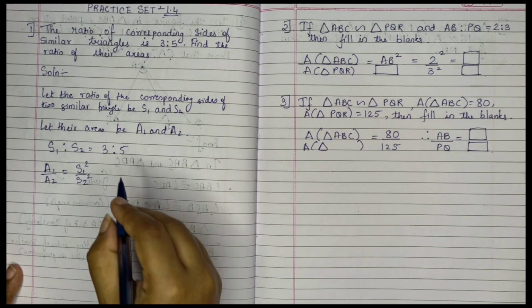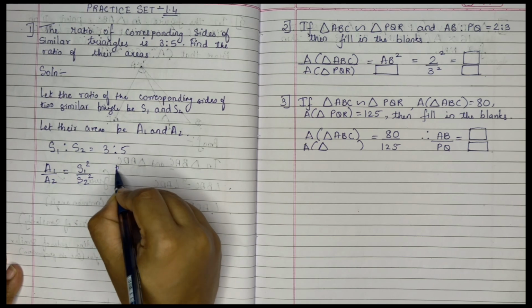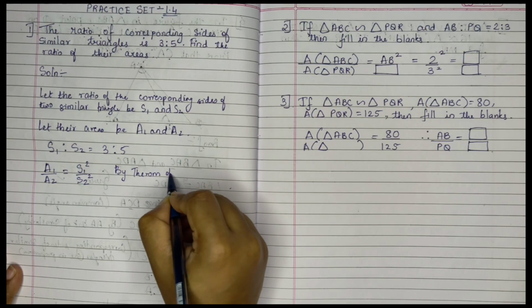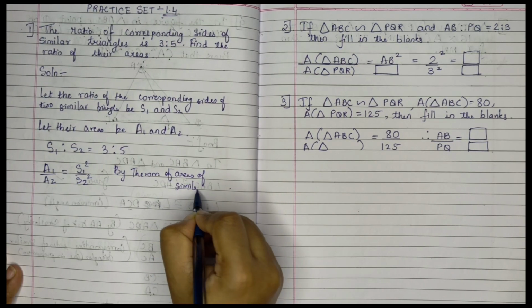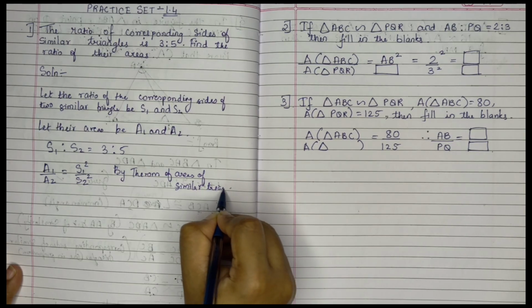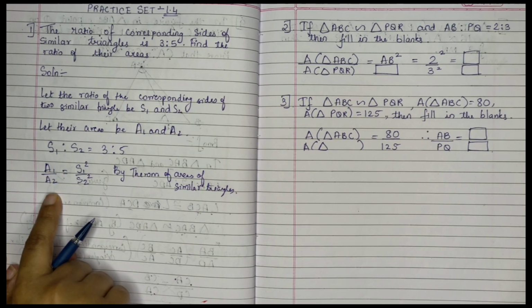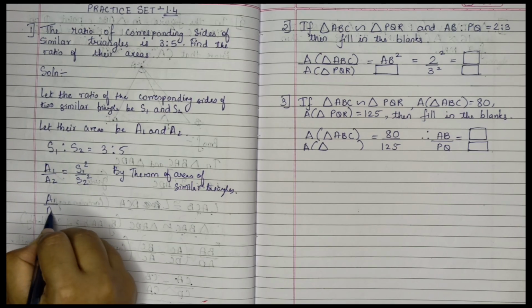So this is by the theorem of areas of similar triangles. Now A1 and A2, the ratio of the areas, we don't know, so we will write it as it is.